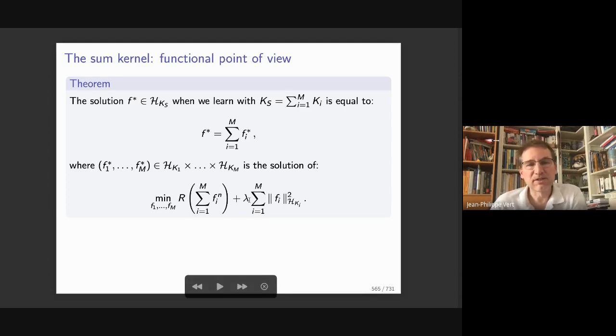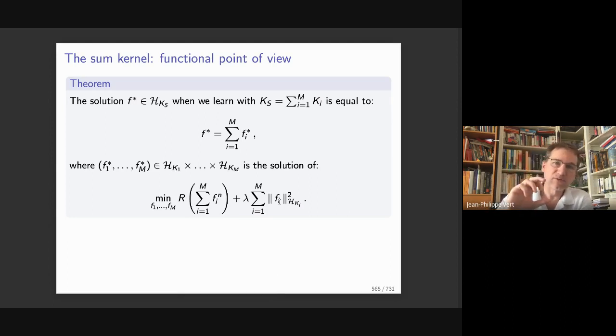But the penalty is the interesting part in this equation. The penalty is just the sum of fi squared. Right, so it's not surprising here that we have the sum of the fi squared, if you think of them as different feature spaces which are concatenated.